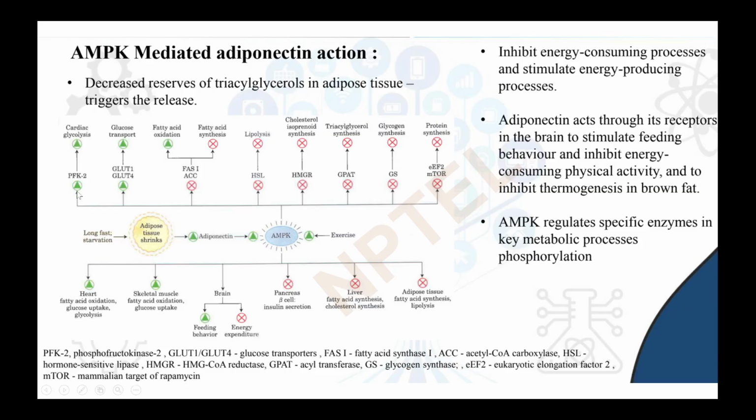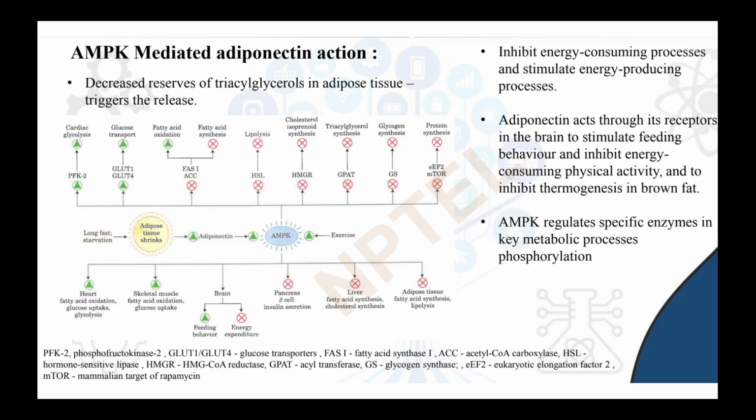So when adiponectin is activated, it will go and activate the AMPK, and AMPK being a kinase will go and phosphorylate different enzymes, and that phosphorylation will basically block all the energy consuming processes, and it will activate all the energy producing processes. So it will activate glycolysis, it will activate fatty acid oxidation. Okay.